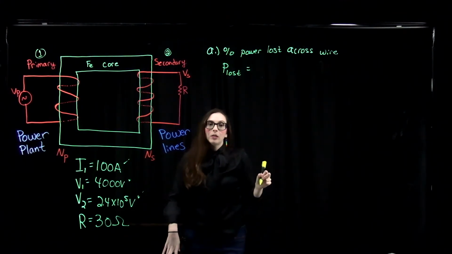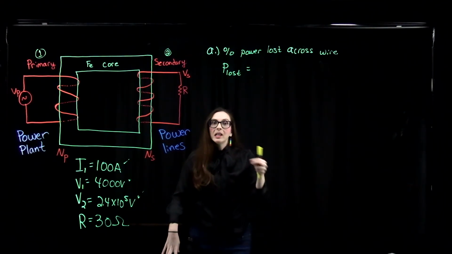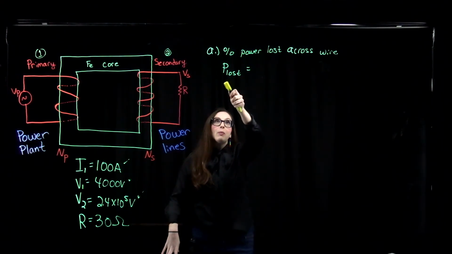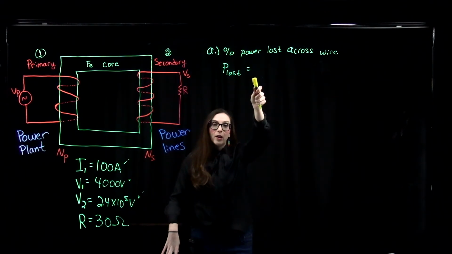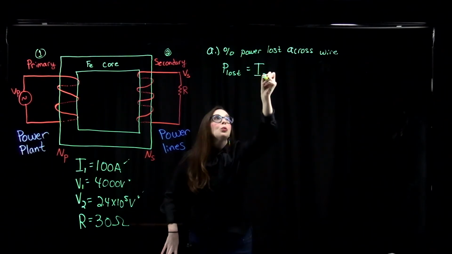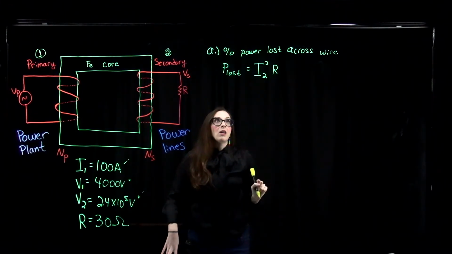That's going to equal, well, there's a whole bunch of different ways we can write power, right? It's I times V, it's I squared R, it's V squared over R. But we're going to think about the power lost across this wire by thinking about the current through the wire squared times the resistance of that wire.